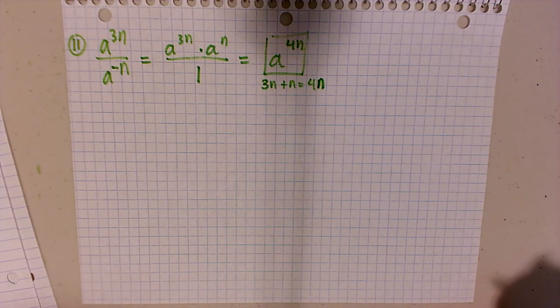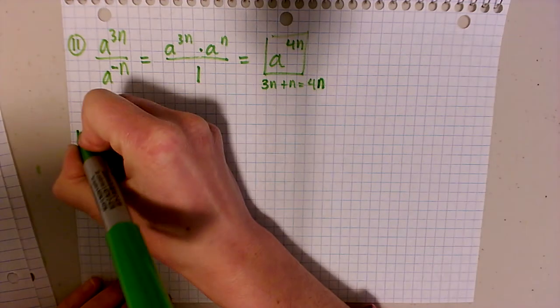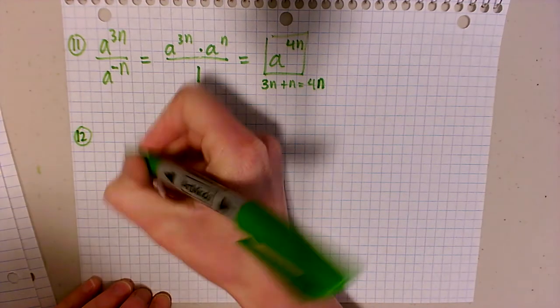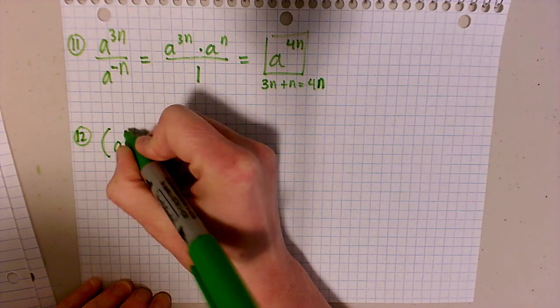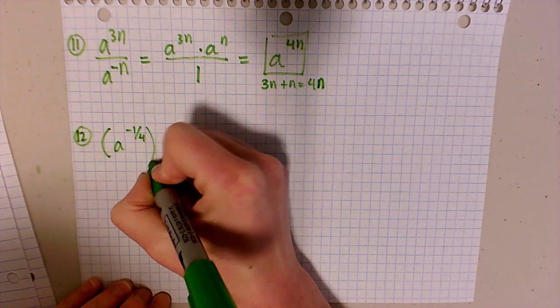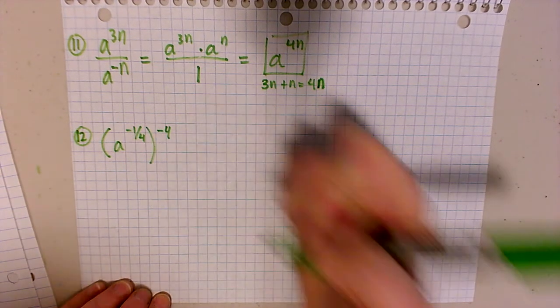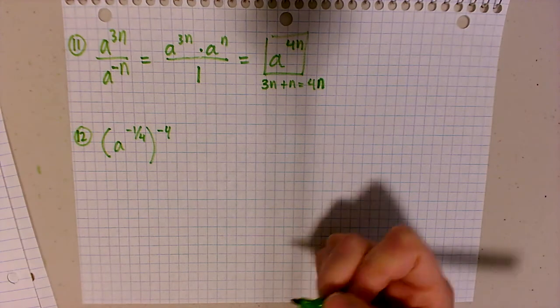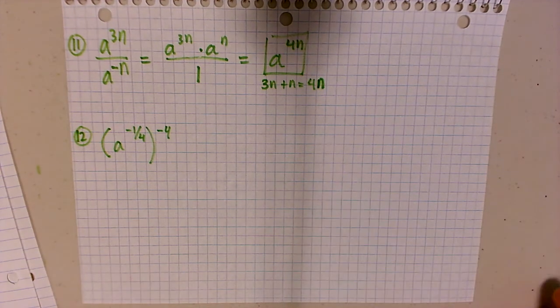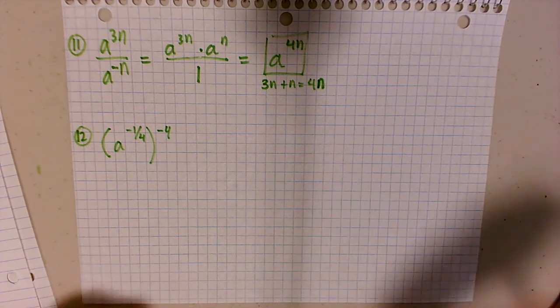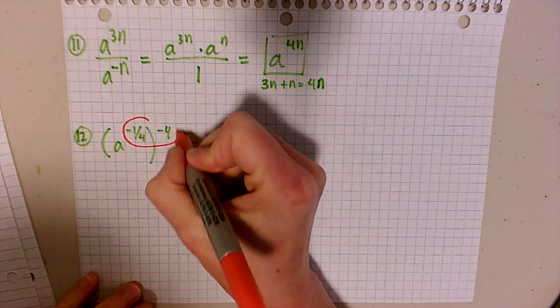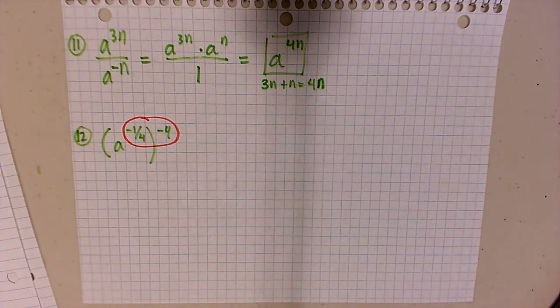So then for number 12, we're multiplying those exponents. And we've got those negatives in there, so that might make you think to jump to put it into fraction form. But actually, if we multiply these right off the bat, some of those negatives will disappear. Okay?